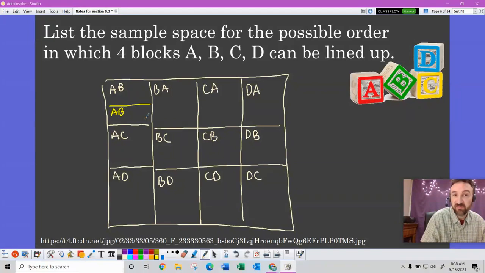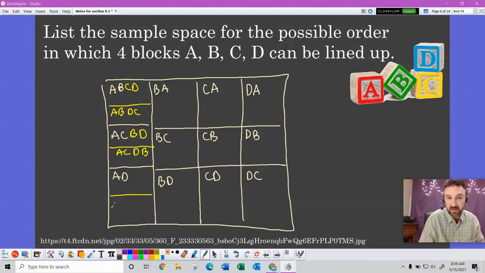So I'll have A, B first, and then my combination of the other blocks is either CD or it is DC. And I can make some of those same cuts all the way through. So A first, then C. The blocks left over are B and D. A is first and D is second. And the leftover blocks are B and C.